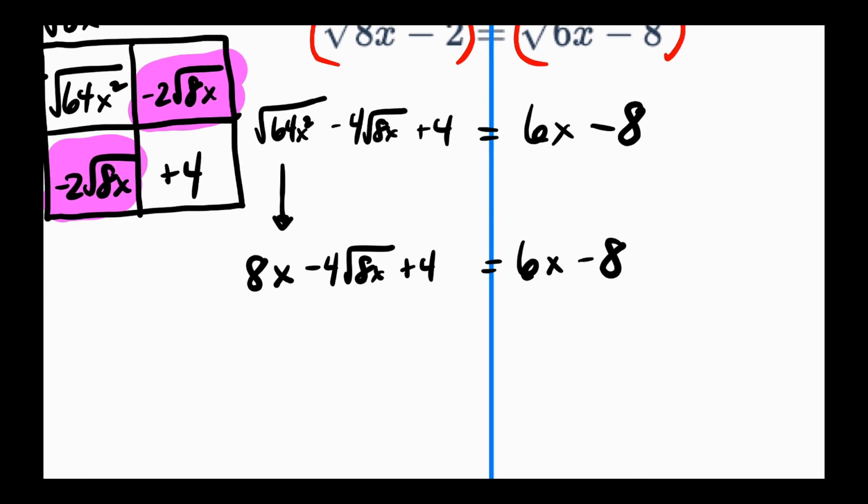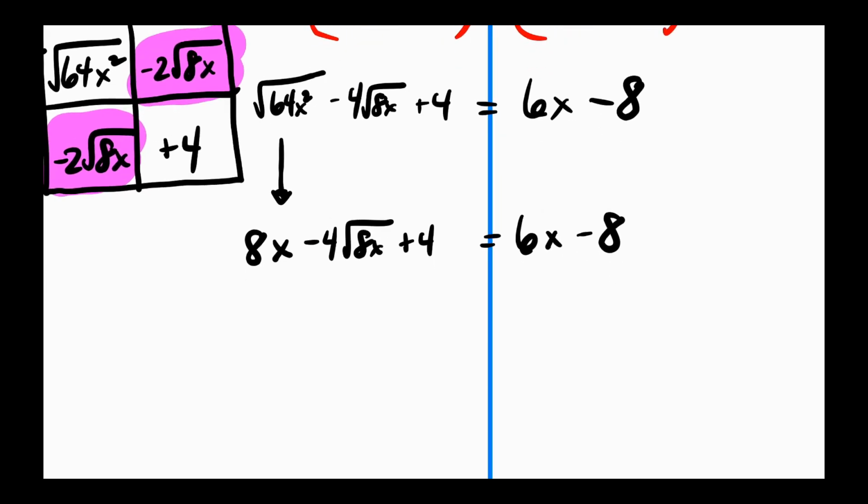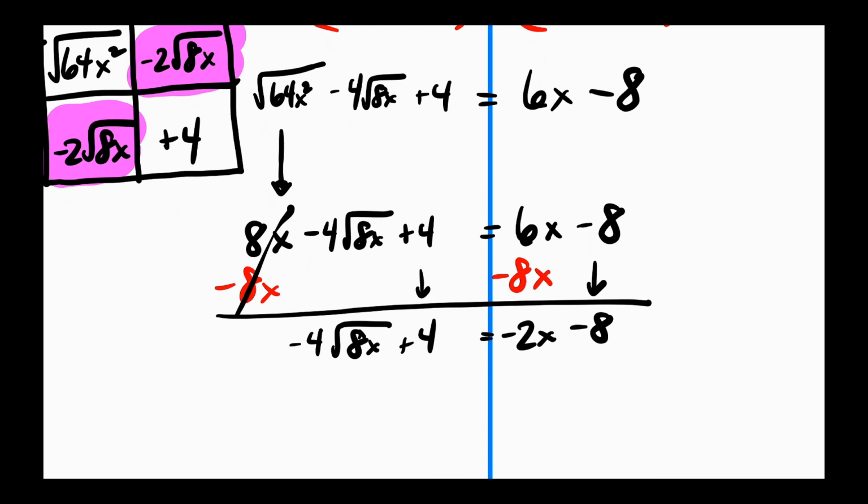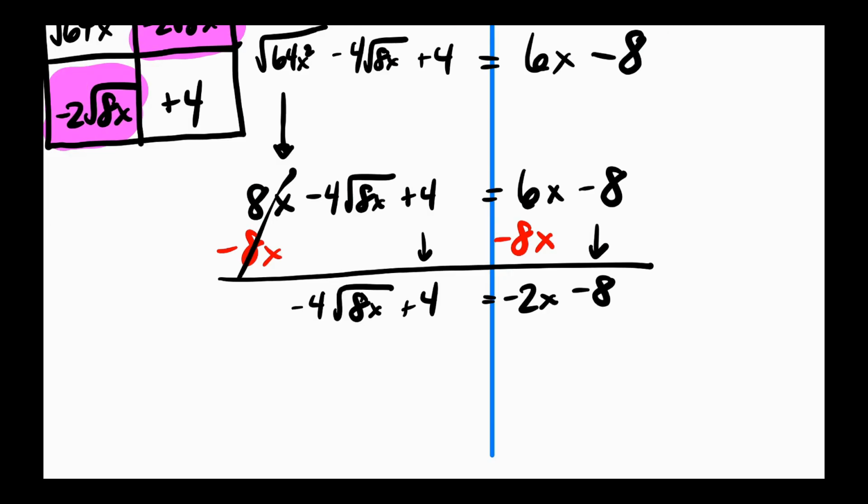Okay. Get x's on the same side, get numbers on the same side. So minus 8x from both sides. Minus 4 from both sides.